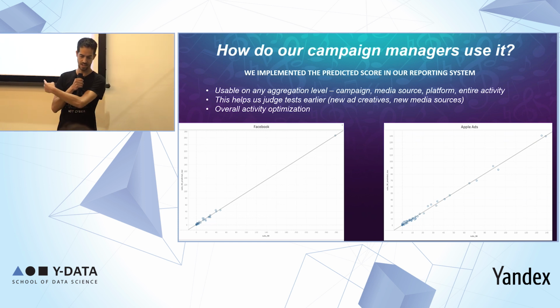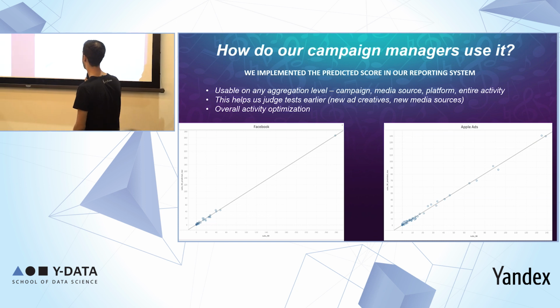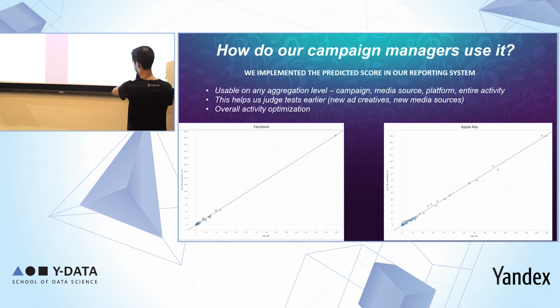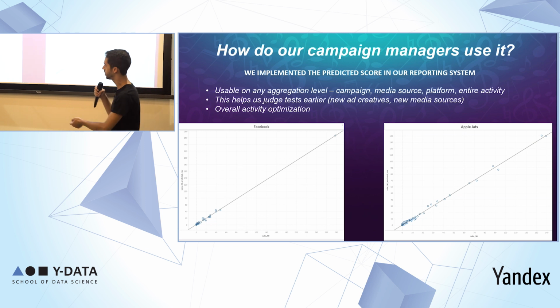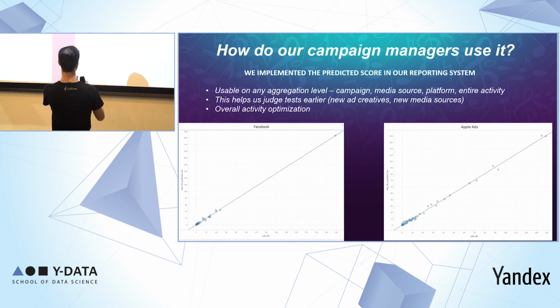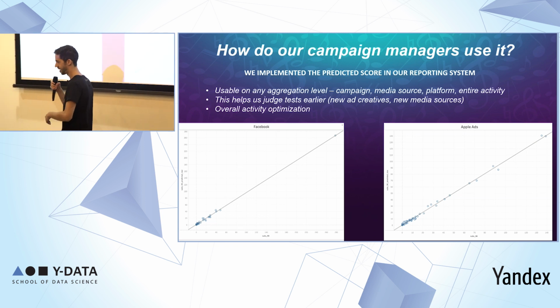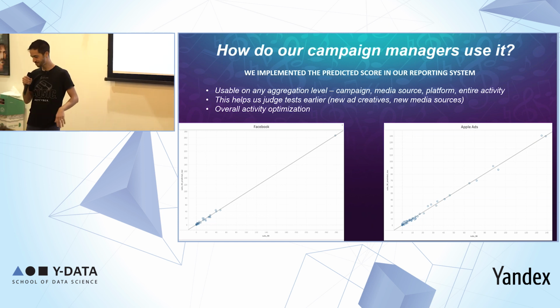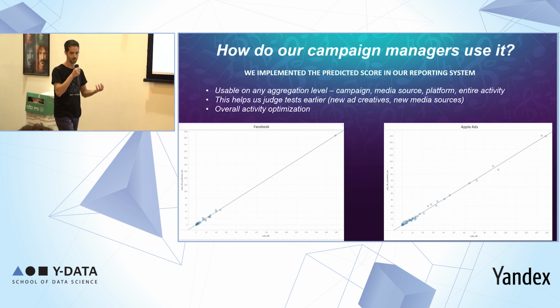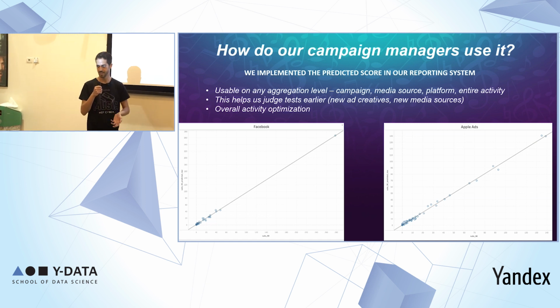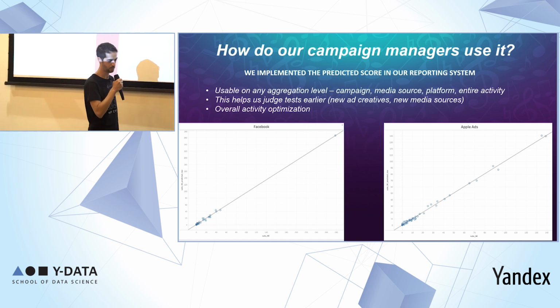The two charts here are predicted against results of two different media sources. The first is Facebook. The second is Apple Search Ads. It's aggregated for a certain amount of time, and as we can see, the model worked really well in production. So we're super happy about this.